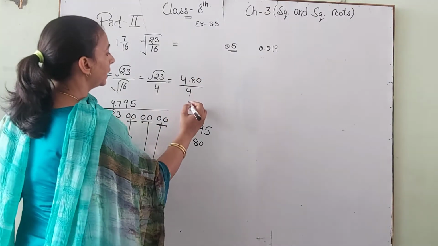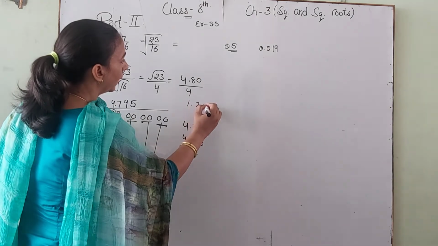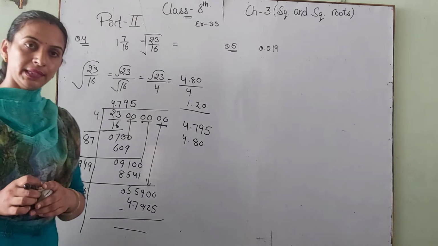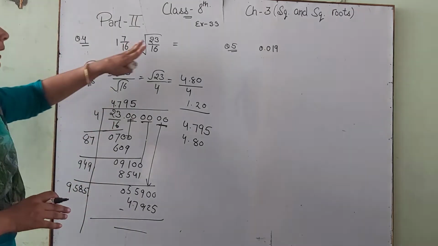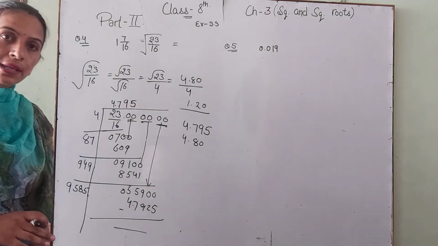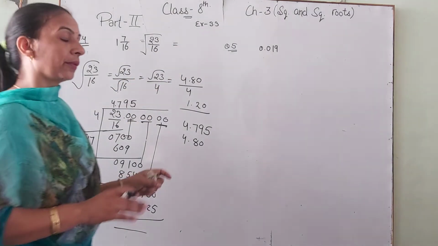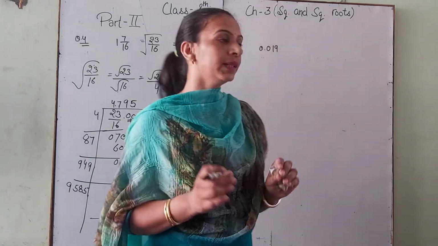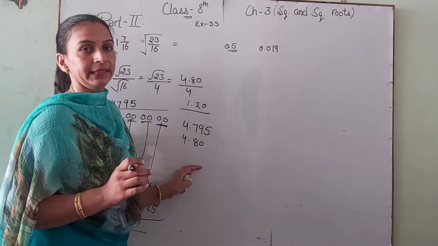Then we divide this 4, then 1, 2 and 0. Okay, this is 1.2 and 0. Square root of this: first you find 23 divided by 16, then after that you find the square root of it. Students, all the questions are of the same type, but these questions are so lengthy.